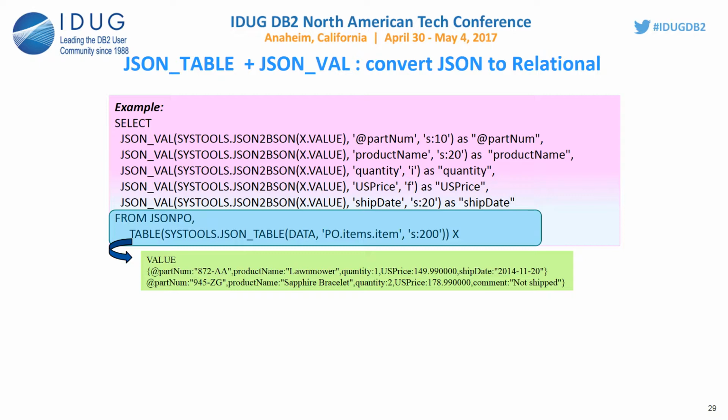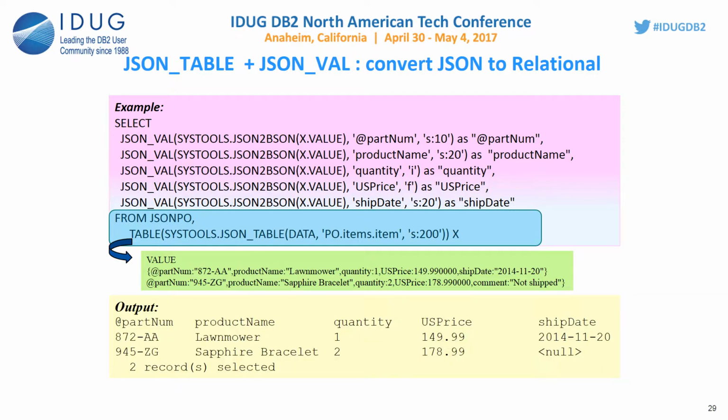Then you apply the second select clause on the same first row, looking for product name. So basically, you apply all the select clauses on the first row, and when you finish, you go to the next row and do the same thing. So the result will be like this. You see? You are converting a JSON document to a relational table format.